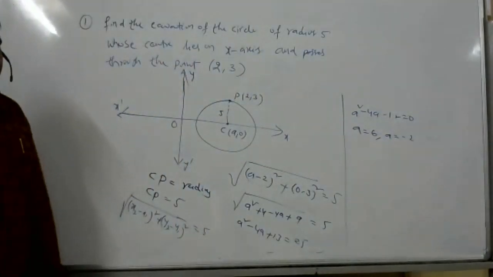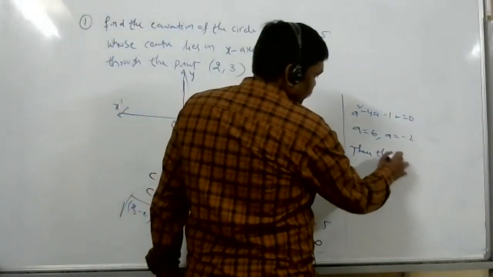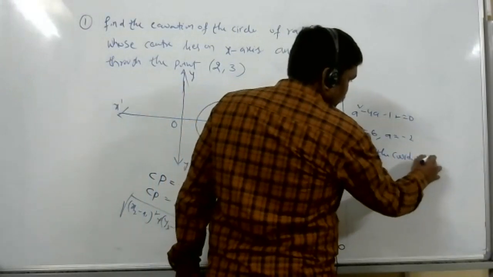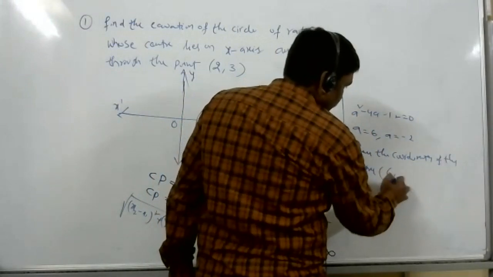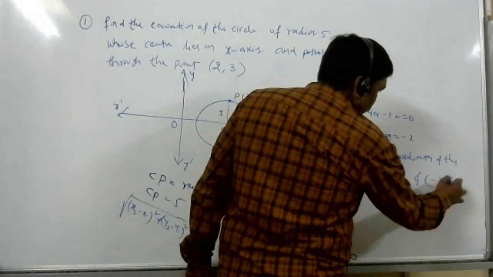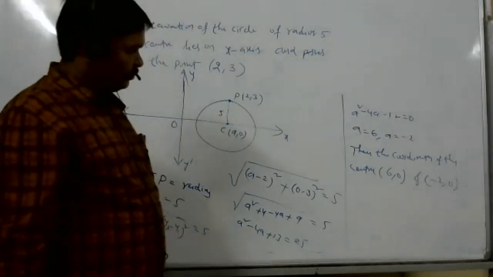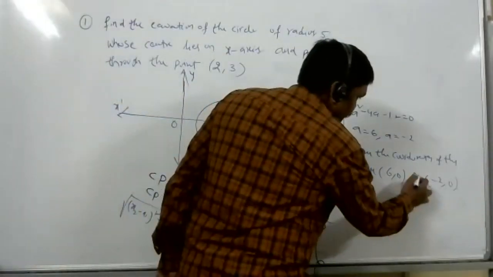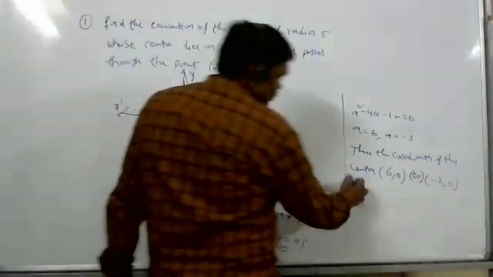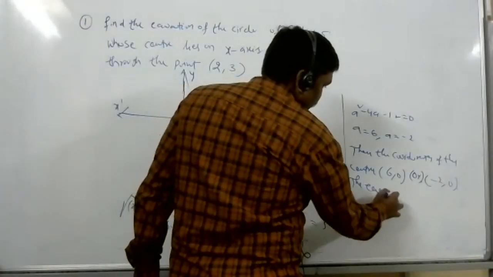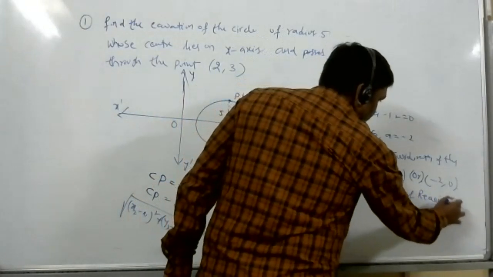Then the coordinates of the center: (6, 0) and (-2, 0). Now the equation of the required circles.